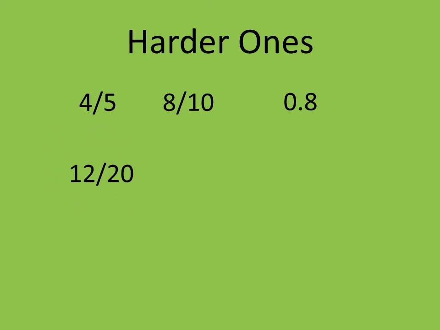I would hope that in your brains by now you've gone, if I multiply that by 5, it becomes 100. So if I multiply that by 5, it should become 60. An equivalent fraction for 12 twentieths is 60 over 100.